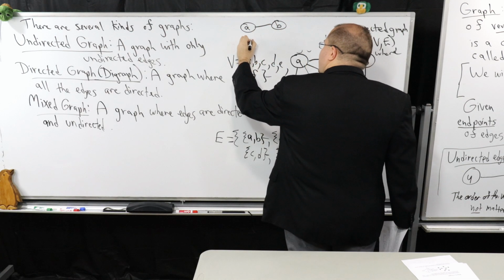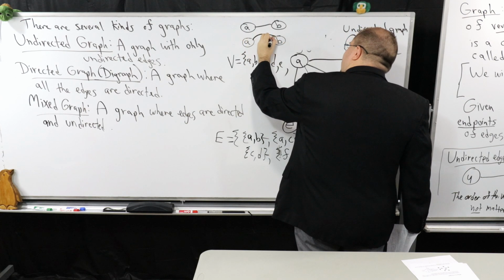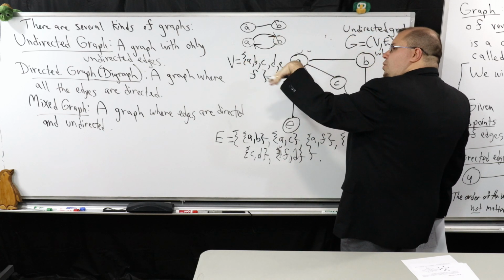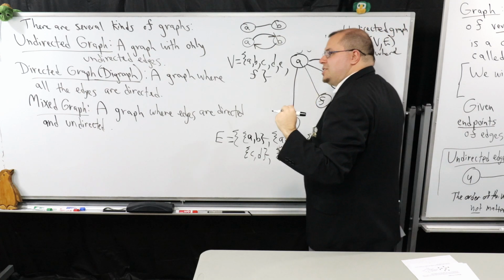Well, one common way you can do this is you can replace the single undirected edge with two directed edges that go both ways. I can replace the undirected edge like this.